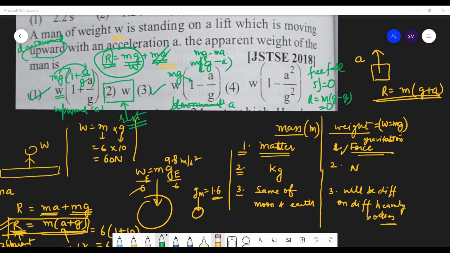So we did very important discussions regarding the lift. You can even watch the video again if there is some confusion. Otherwise, I hope that you have understood this very important concept well.